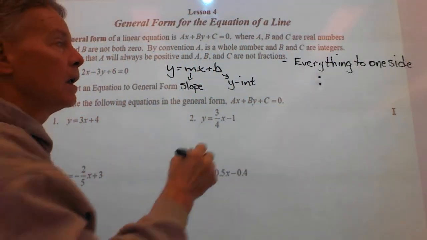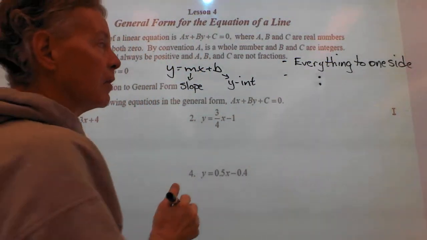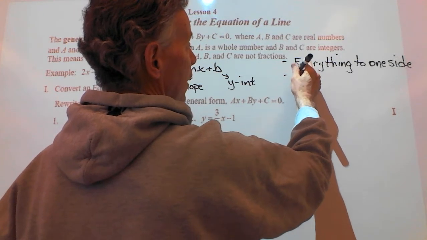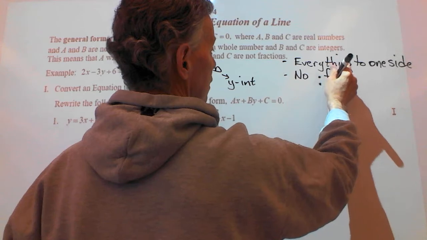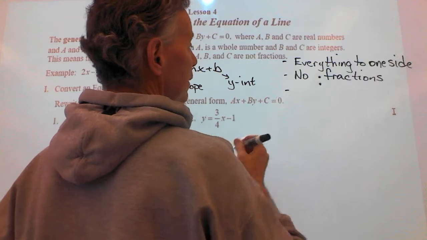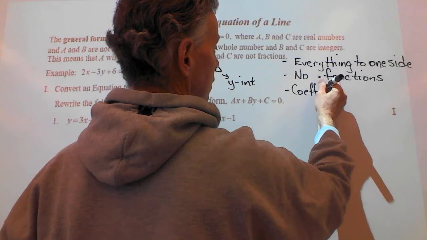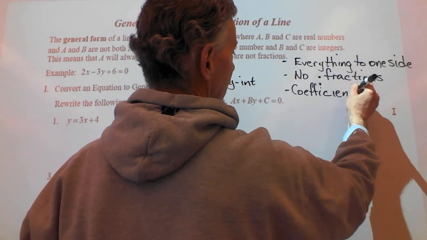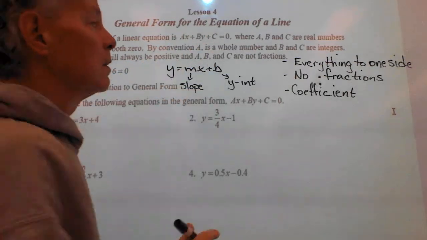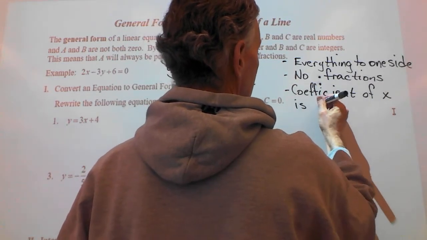Okay. A second thing that all lines in general form have in common is no fractions, and the coefficient, or the number attached to your x variable, your first variable, the coefficient of x is positive.